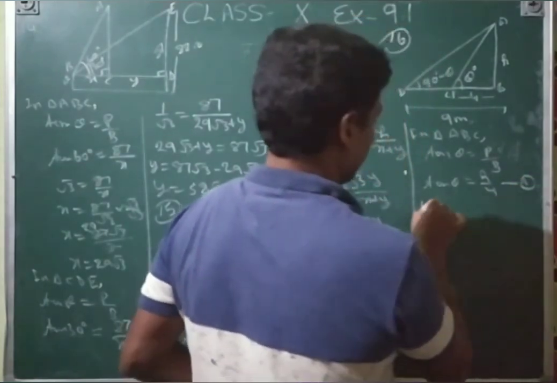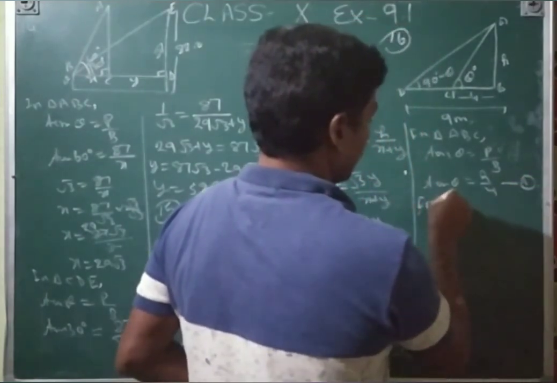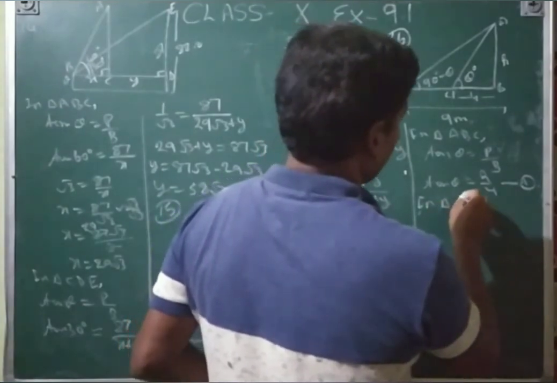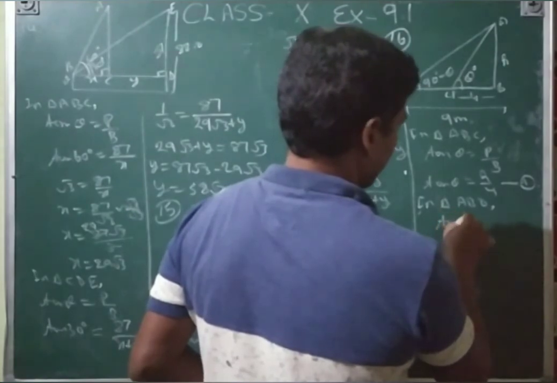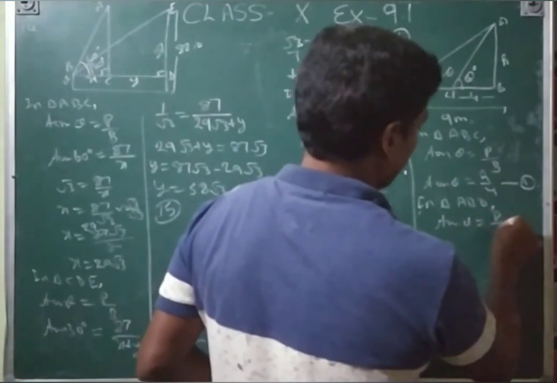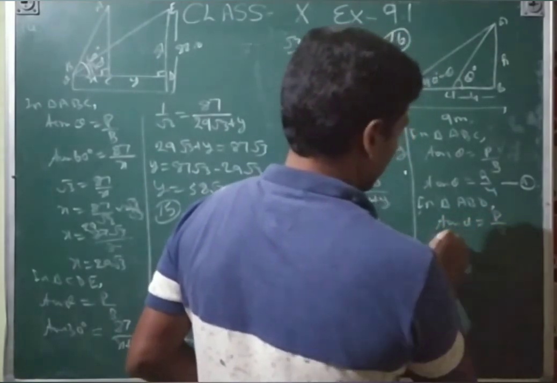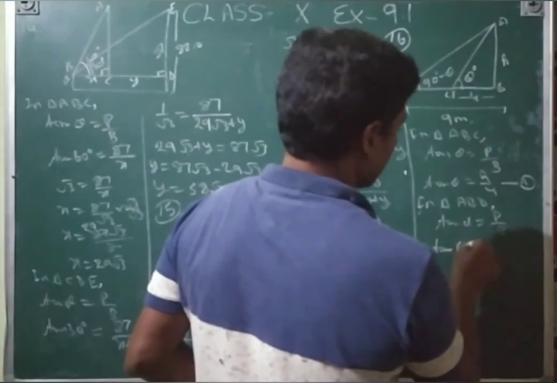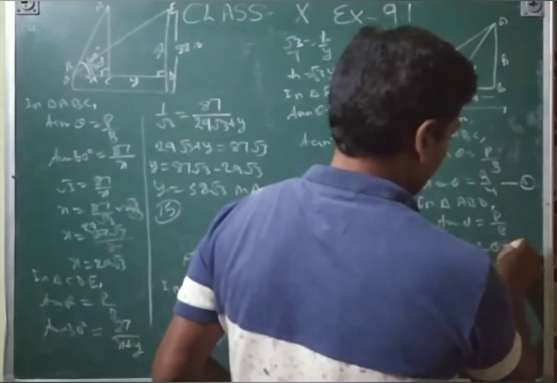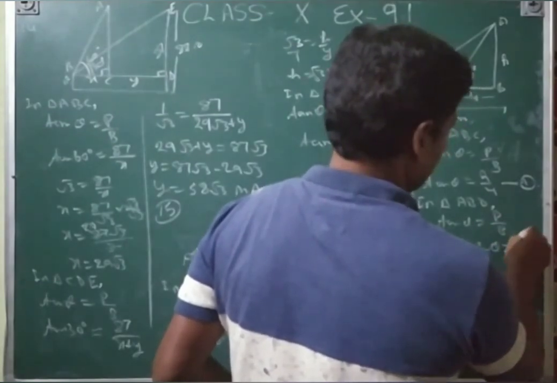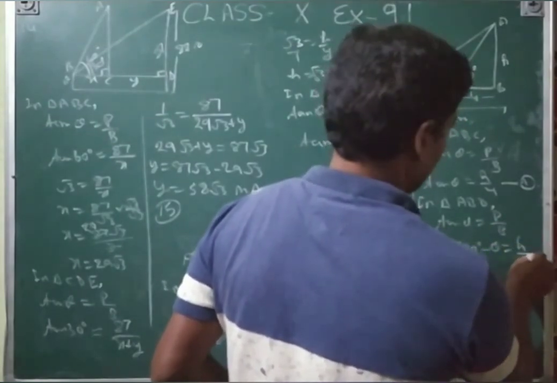Now in triangle ABD, tan theta is equal to perpendicular upon base. Now that angle is 90 minus theta, so tan of 90 minus theta is equal to perpendicular h upon base 9.